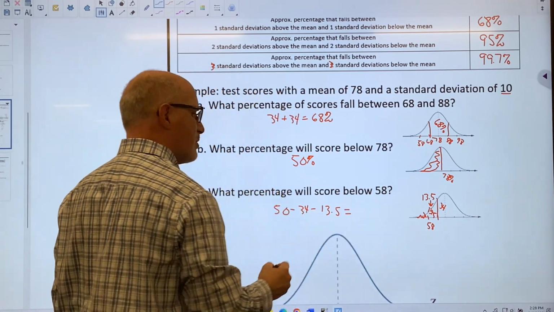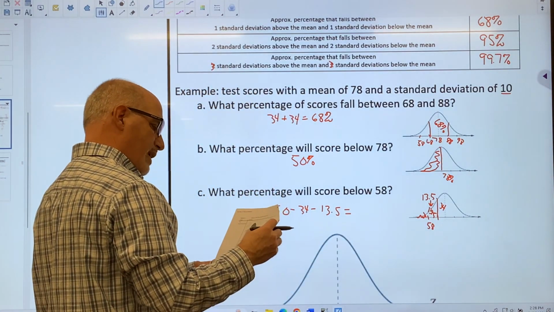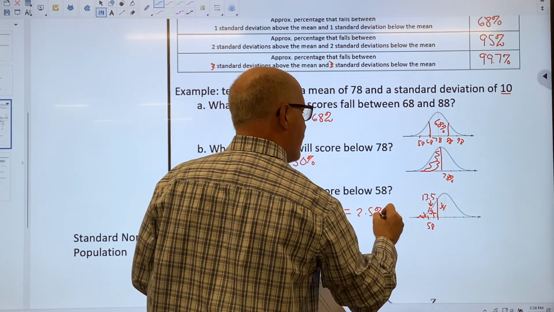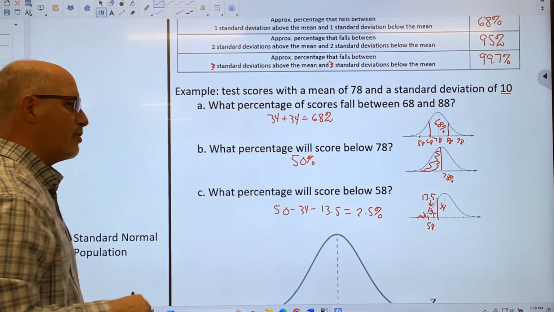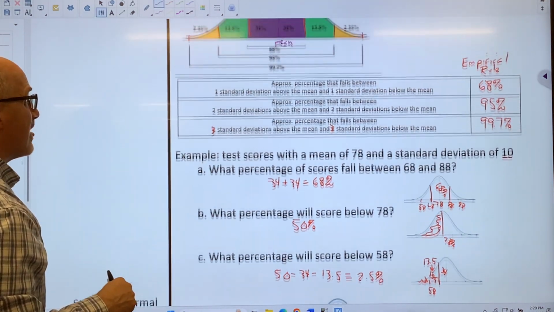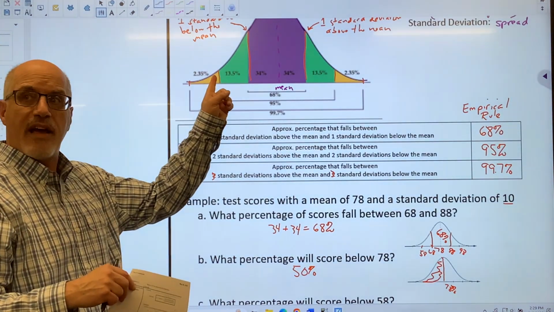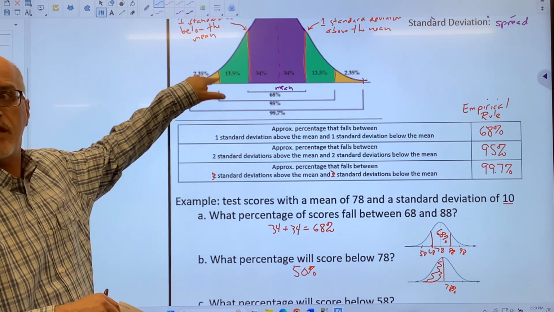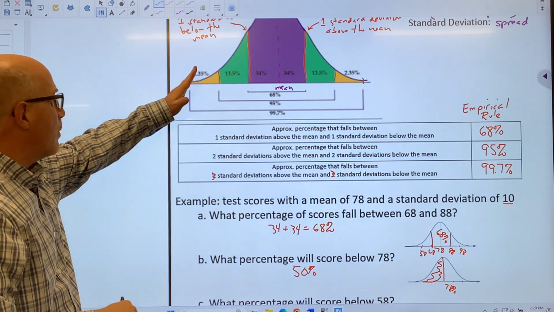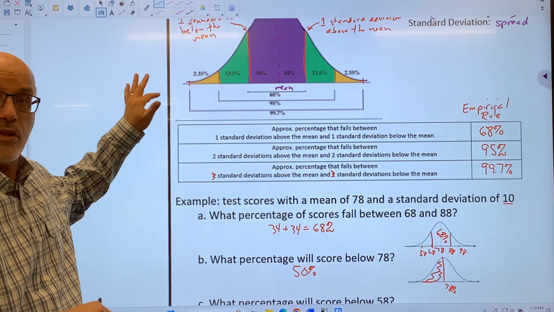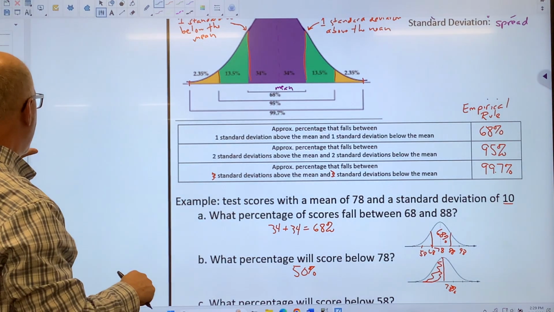What you get is about 2.5% of the data will fall past two standard deviations below. Now you might wonder, why is that not the 2.35? Well, remember this 2.35 ends at 3 standard deviations below, and we've got a little bit of a tail, a little bit of area down here below that, that goes further.